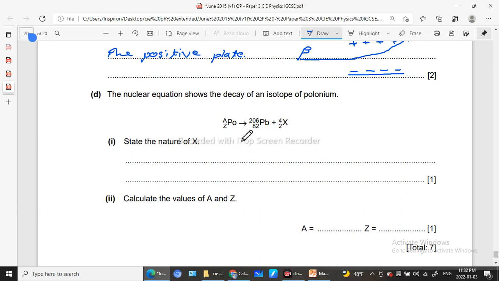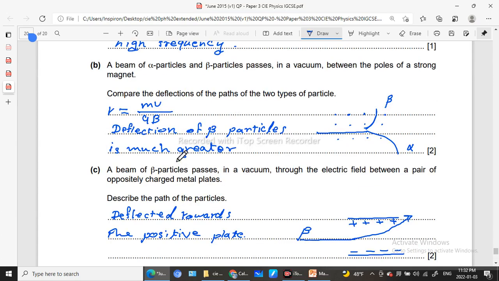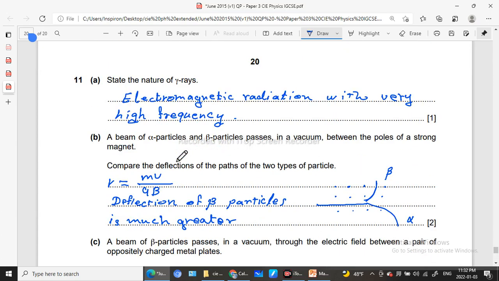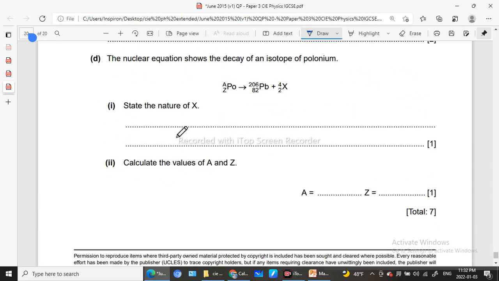State the nature of X. X is an alpha particle, because an alpha particle is the nucleus of a helium atom.